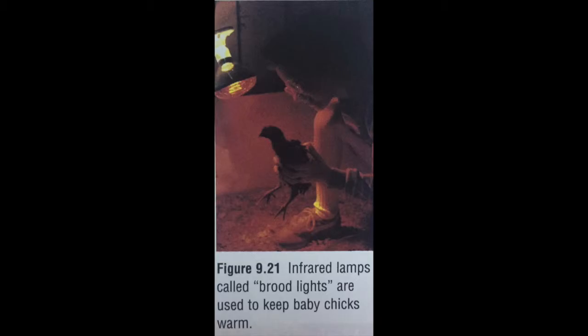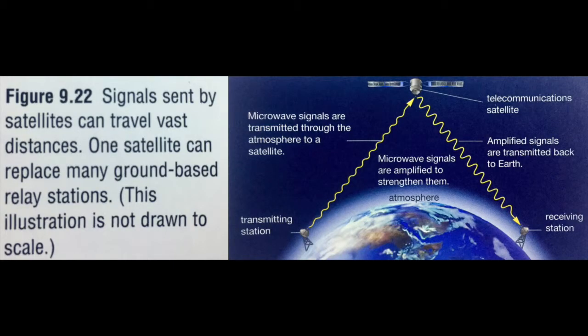Radio waves. If you could stretch the infrared wave out again even farther so that the wavelength becomes a few millimeters long, you would begin to obtain radio waves. Radio waves have a longer wavelength and a lower frequency than visible light. Different types of radio waves have different uses.